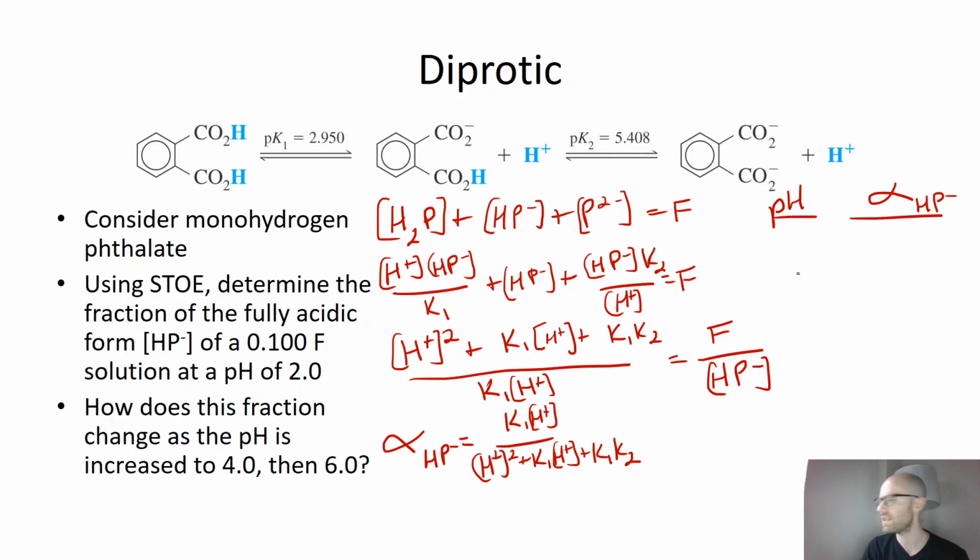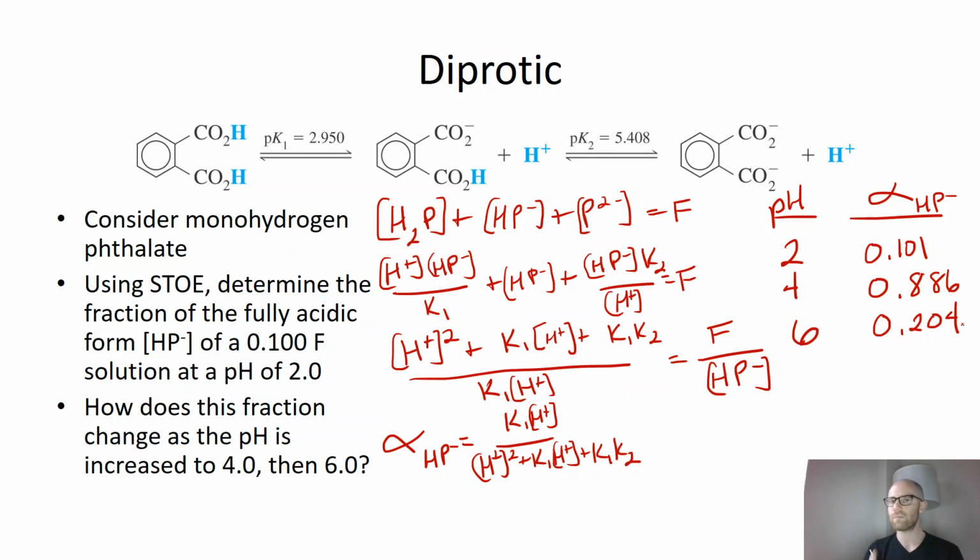And what we end up seeing is that at a pH of 2, the fraction that is in the HP minus form is 0.101. At a pH of 4, that number actually increases to 0.886. And at a pH of 6, that decreases to 0.204.